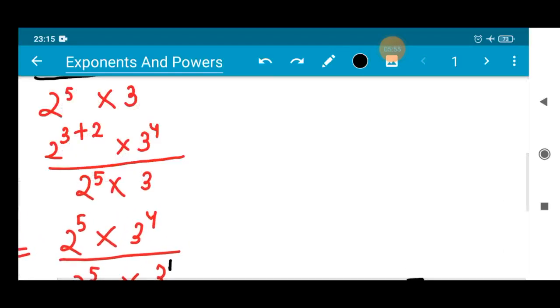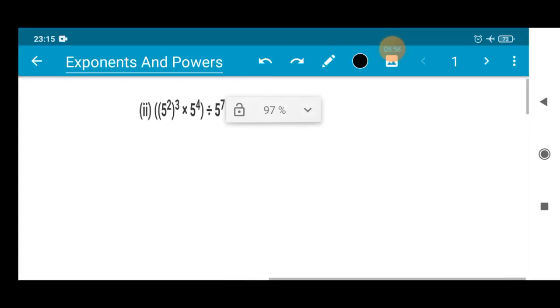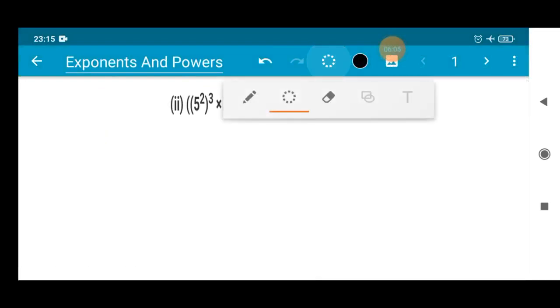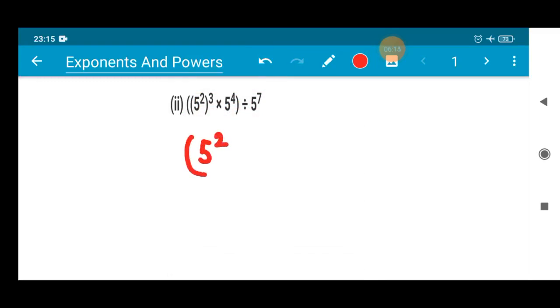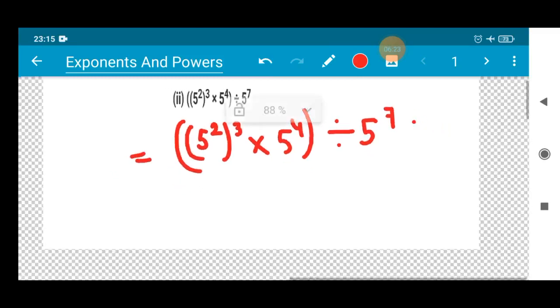Okay, proceeding to the next one. We have number 2, 5 square, and outside the bracket there is again power 3, into 5 to the power 4 divided by 5 to the power 7. So let me write this question in proper manner. Not a problem.